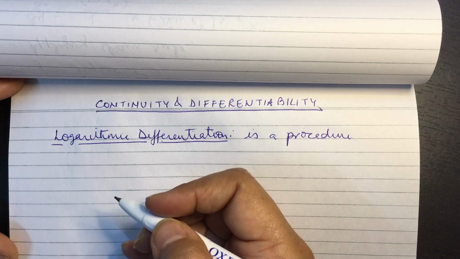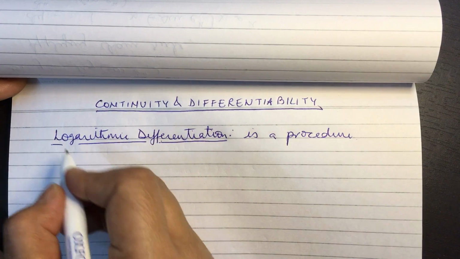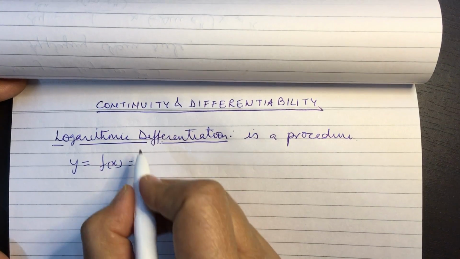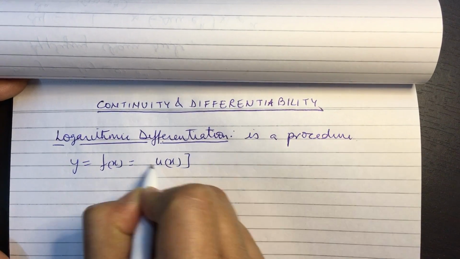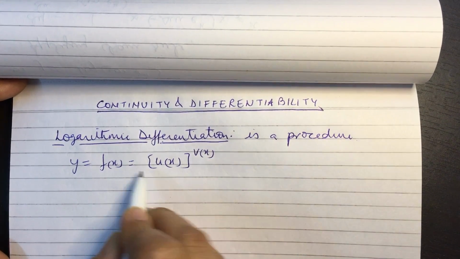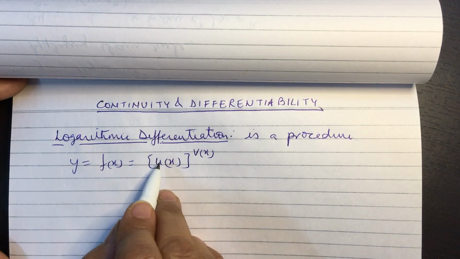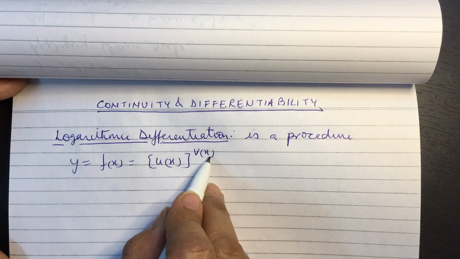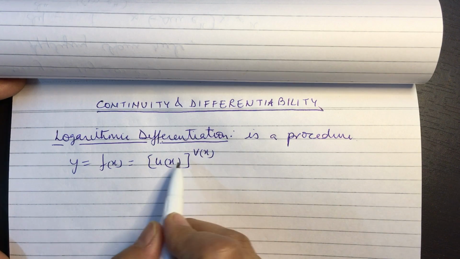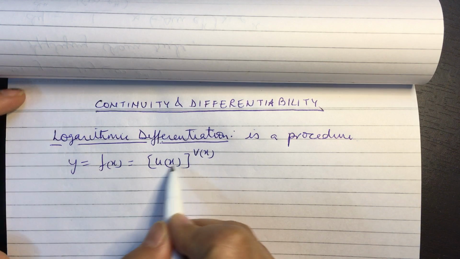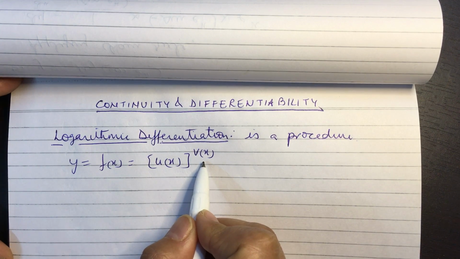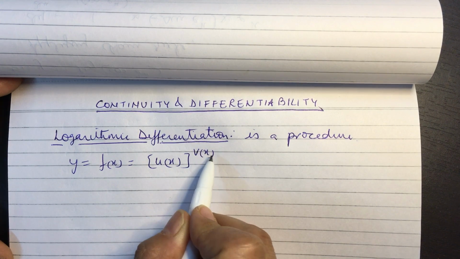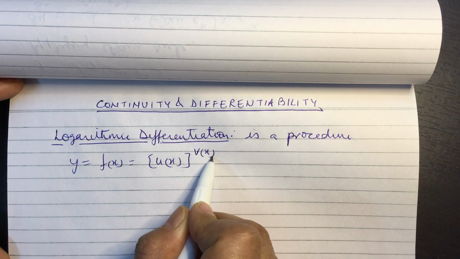Suppose we are given the function y equal to f(x) equal to u(x) raised to the power of v(x). That is, suppose a function is given in this form, where a function of x is raised to the power of another function of x. So there are two functions given in exponent form, and the exponent itself is also a function of x.